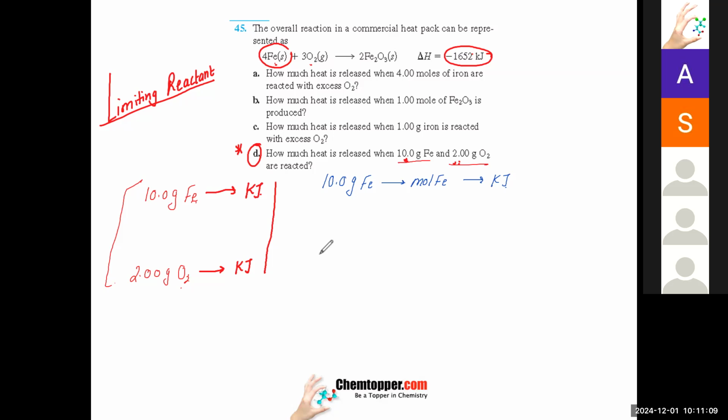Girls, you come here, you are going to do this part. Let's see who is going to be faster, the girls or the boys. You're going to take 2.00 grams of O2, to moles of O2, and to kilojoules. Sarthak is already with the answer. Krishav and Arnav, can you confirm? This time, please do your calculations. Last time, both of you didn't do any calculation. You just copied him. He can be wrong.